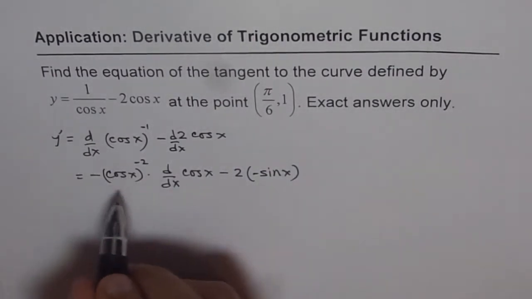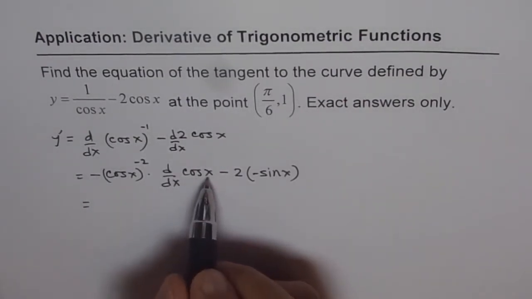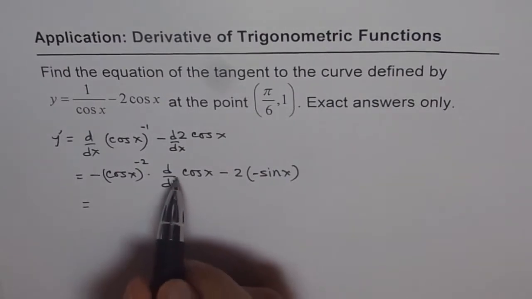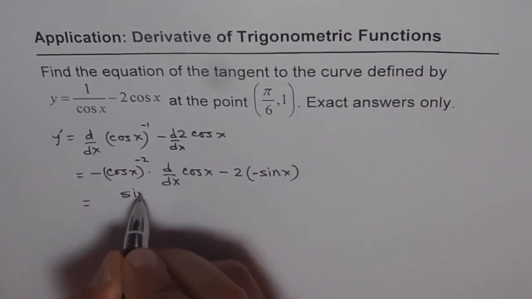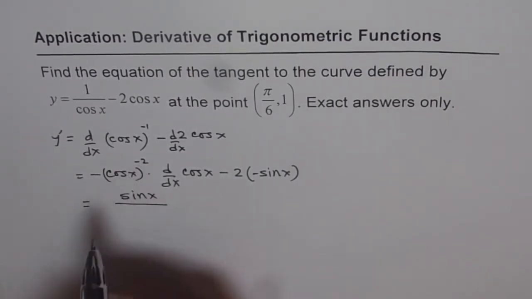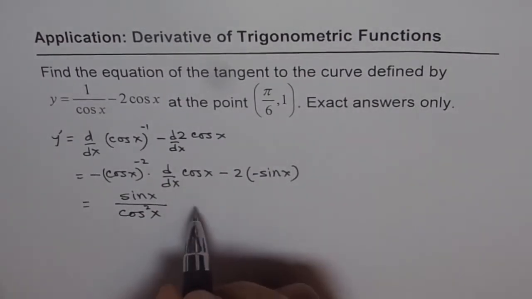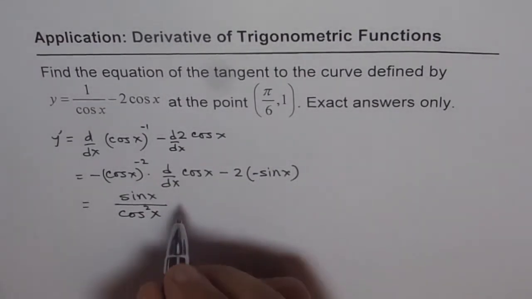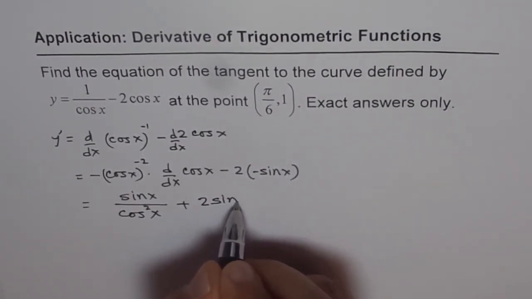So let's rewrite this with the derivative this time. The derivative of cos x is minus sin x. Minus and minus will make it plus. So we write sin x with a plus sign divided by cos squared x, and then minus and minus gives plus 2 sin x.